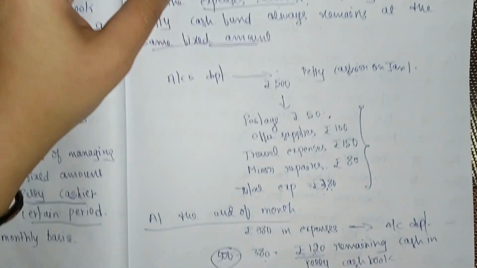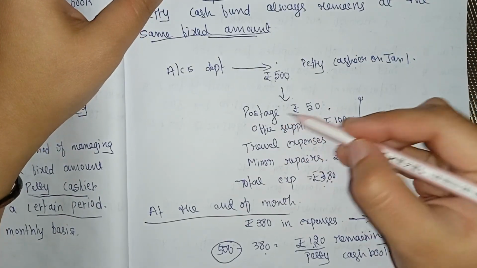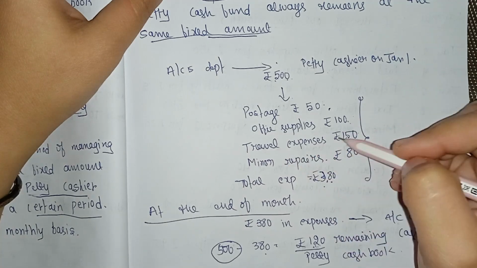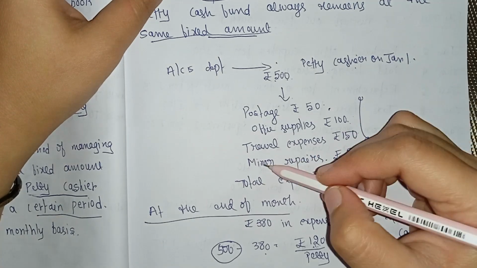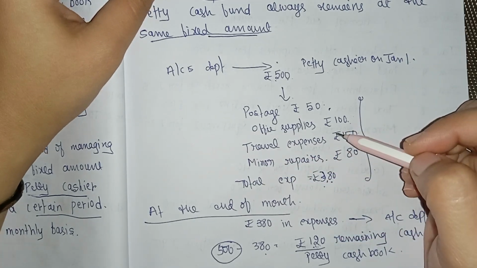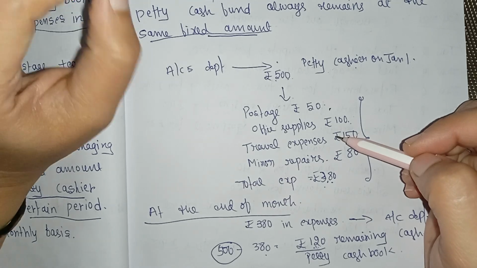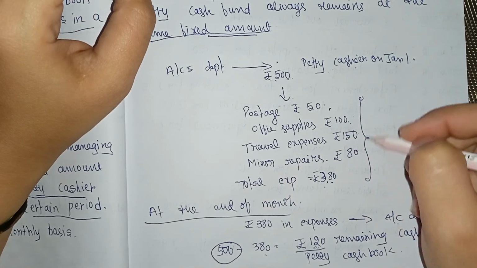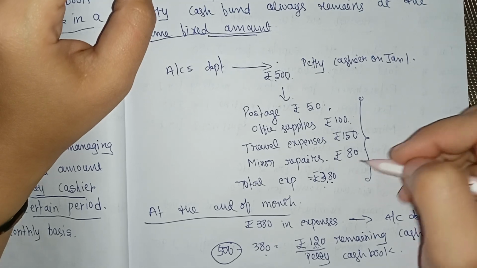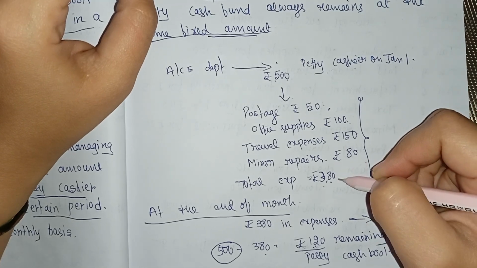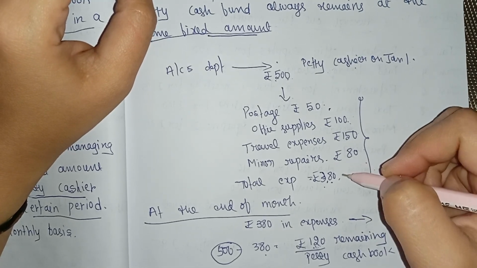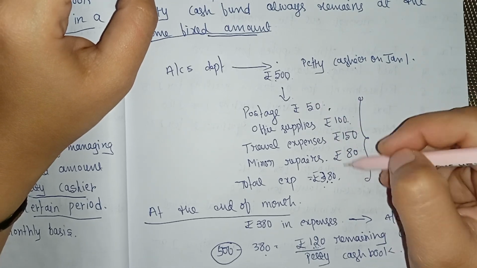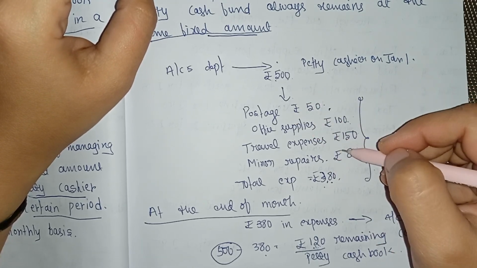Here the expenses for the month of January are postage 50, office supplies rupees 100, travel expenses rupees 150, minor repairs rupees 80, and the total expenses for the month of January are rupees 380. Out of 500 rupees, the petty cashier pays rupees 380 for all these expenses.